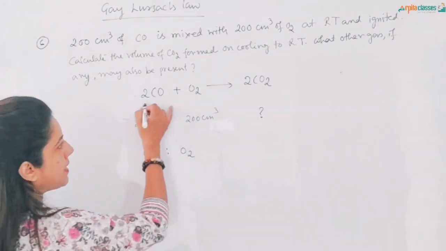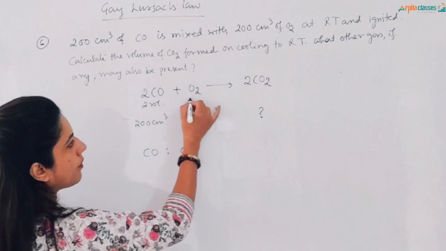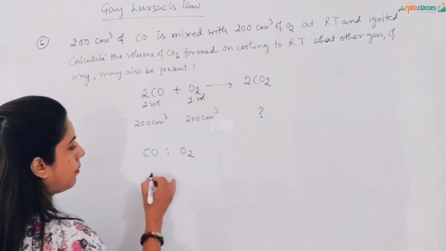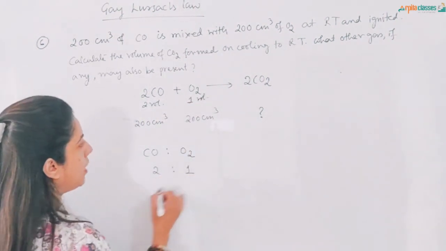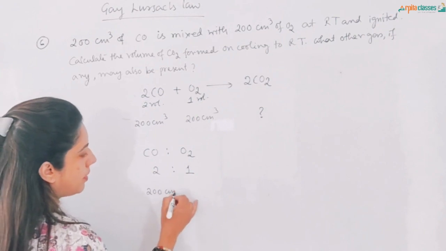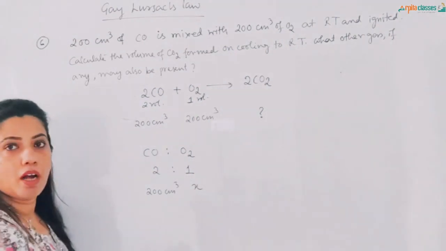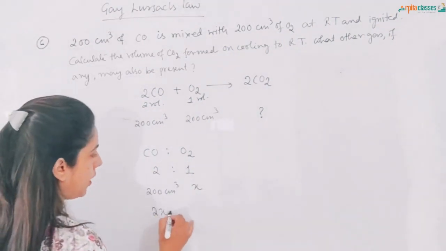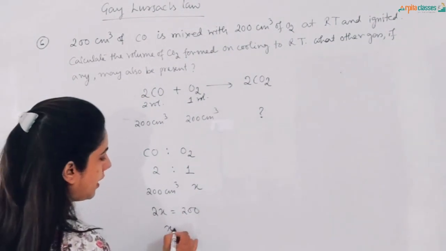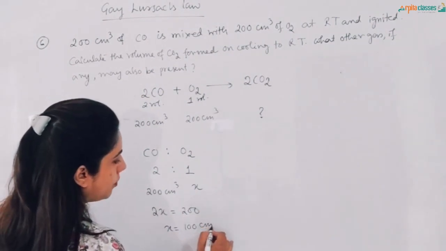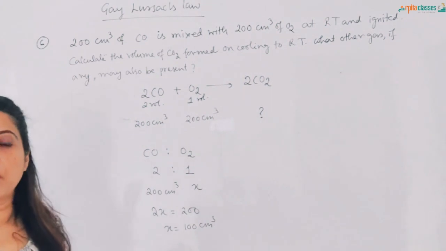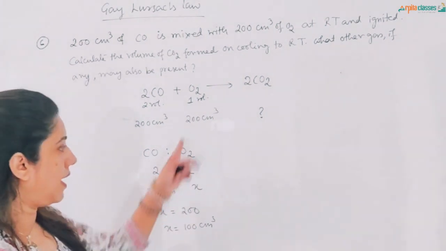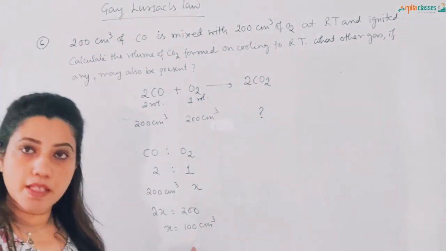From the balanced chemical equation, we can see 2 volumes of carbon monoxide require 1 volume of oxygen. So the ratio is 2:1. So if this is 200 centimeter cube, how much will be the amount of oxygen? So it is 2x is equal to 200 or x is equal to 100 centimeter cube. That means 100 centimeter cube of oxygen is used up and another 100 centimeter cube of oxygen is still present.